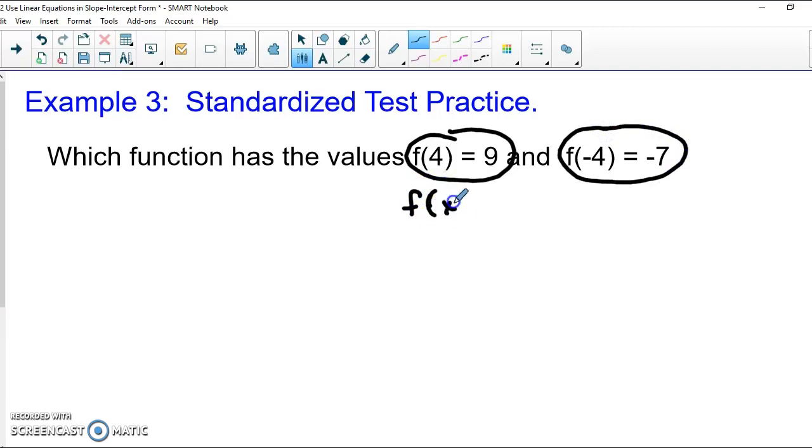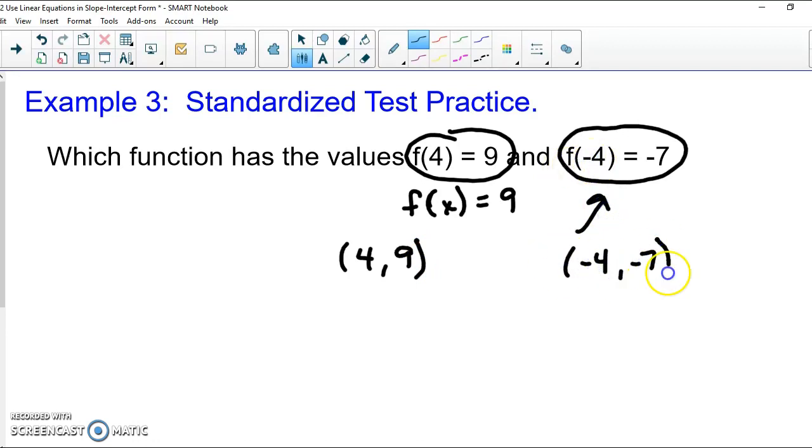So I'm really saying f of x equals 9 here. So my x value would be 4 and my y value would be 9. From here, I can find the ordered pair negative 4, negative 7. So if I know these two pieces of information, now I can write the linear function for this equation.